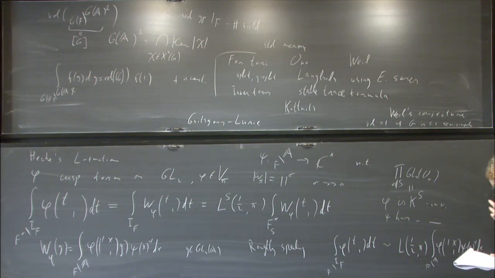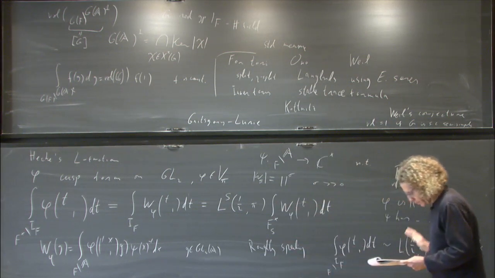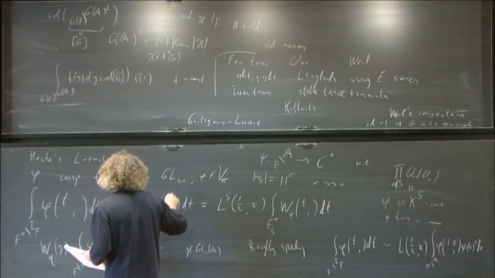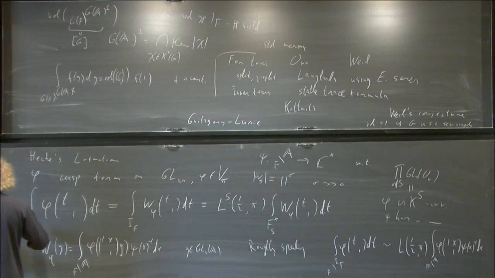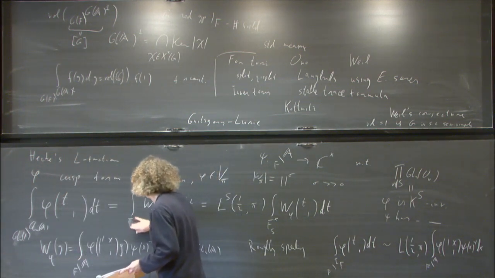One thing I do want to mention, because I think it somehow went under the radar, at least that's my impression, is that you might as well put here an n and put here GL_n. GL_n. GL_n.